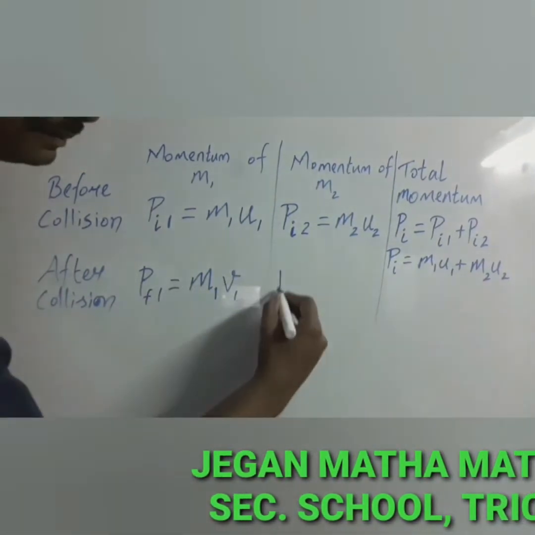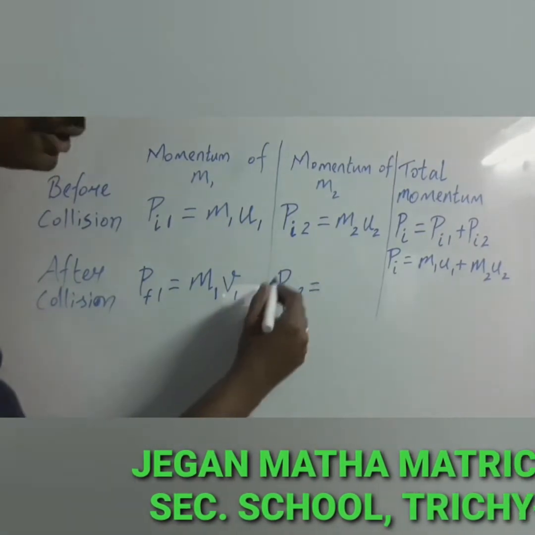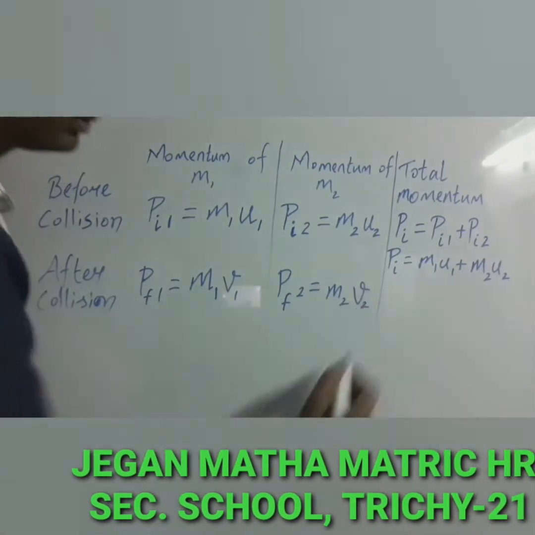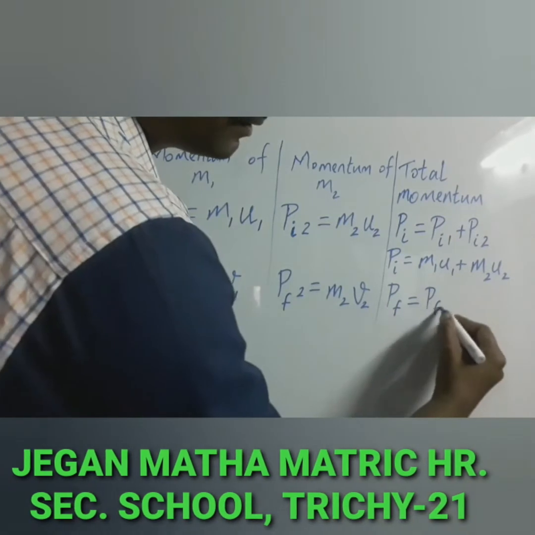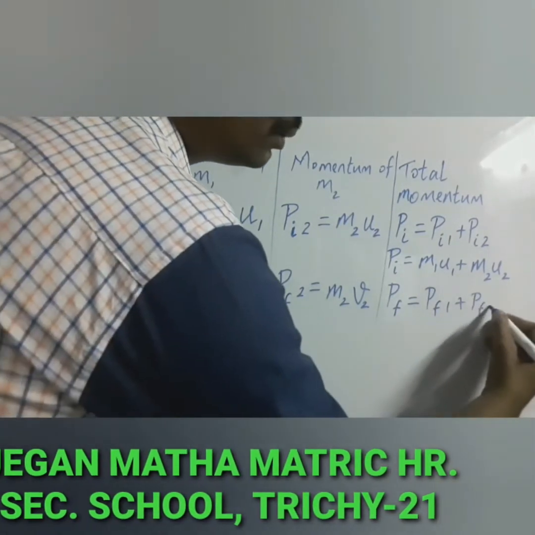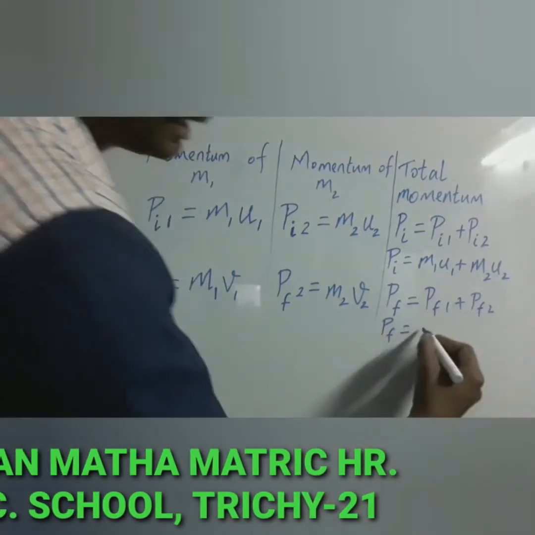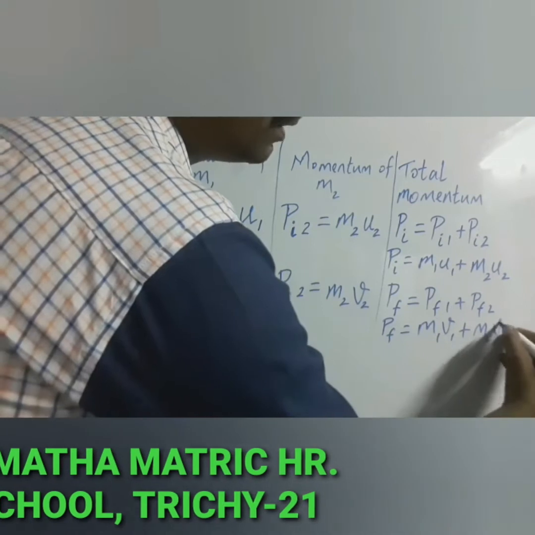Similarly, Pf2, the final momentum of the second object, is equal to m2 v2. Then what is the total final momentum? We have to add Pf1 plus Pf2 and substitute the values. Pf is equal to m1 v1 plus m2 v2.